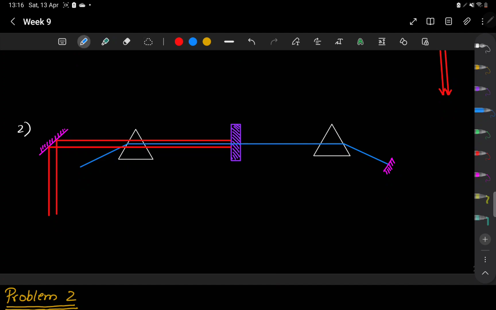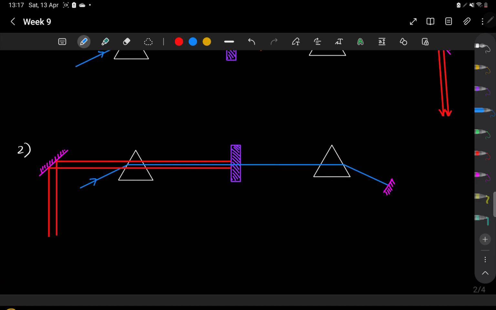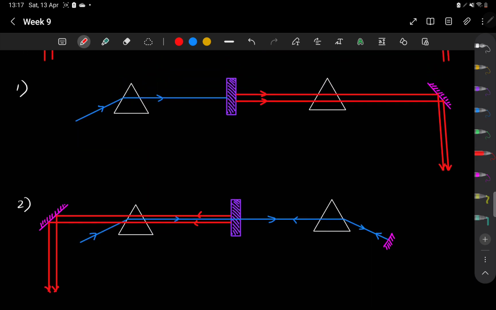So in this case, what is happening is this pump is going there, it's getting deflected at the prism, it goes there, does not get down converted, so goes there and then deflected by the prism, gets reflected by the mirror back again, then comes back again, and this time it gets down converted. So now this down converted field goes there and then gets reflected by the mirror to this particular port.